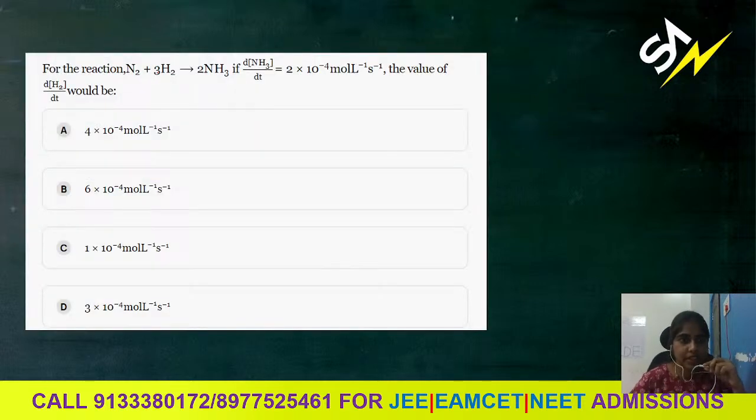So let's go into the next question. For the same ammonia formation reaction, the rate of NH3 formation is given as 2 into 10 to the power of minus 4 mole liter inverse second inverse. What will be the value of the change in the concentration of hydrogen?